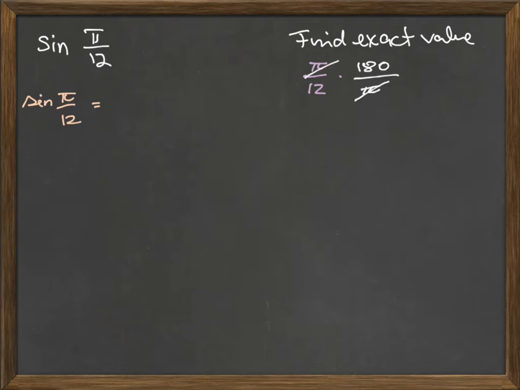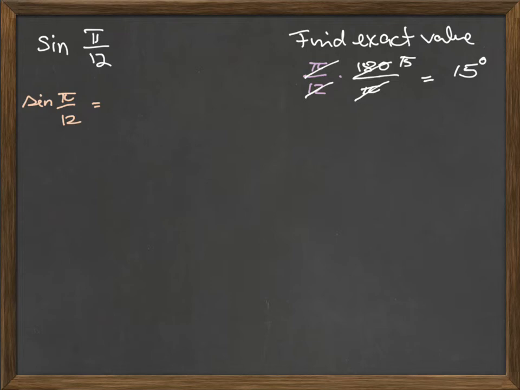So the pi's are reducing. 180 divided by 12 is 15. So pi over 12 is 15 degrees.